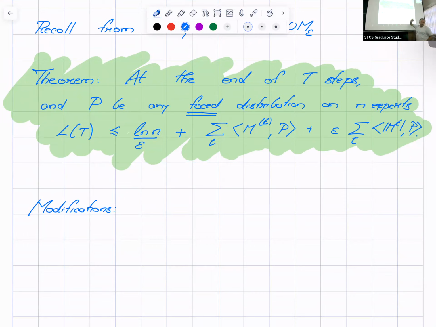I should possibly mention, when I mean by M^T absolute, I mean just the absolute values of M_1, M_2, up to M_n. It's the same vector, but term by term, I'm taking an absolute value.